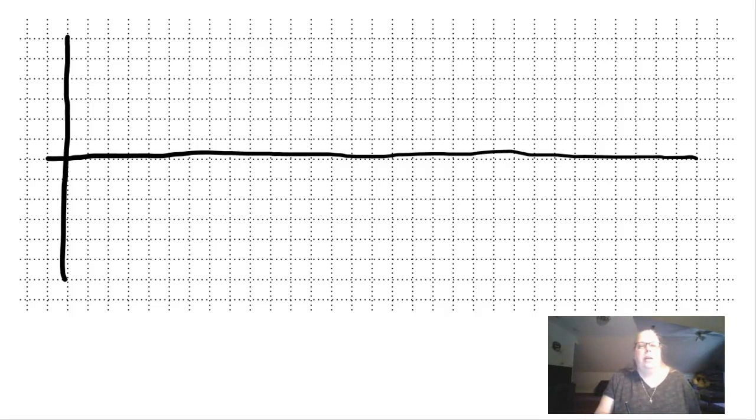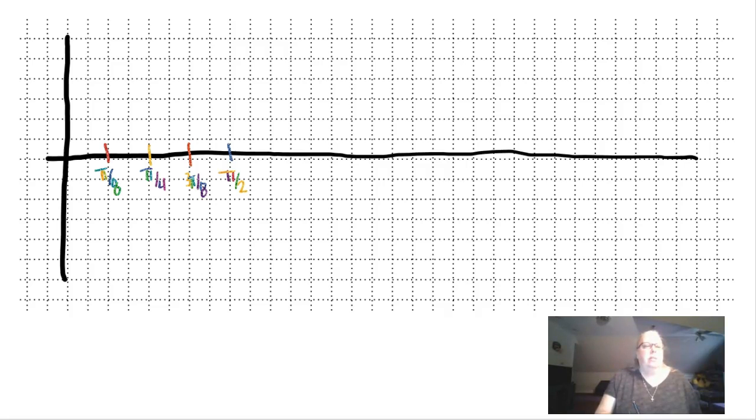So let's say we can make this be pi over 8, and this can be pi over 4, and this can be 3 pi over 8, and then this one can be pi over 2. So 1 pi over 8, 2 pi over 8, 3 pi over 8, 4 pi over 8.